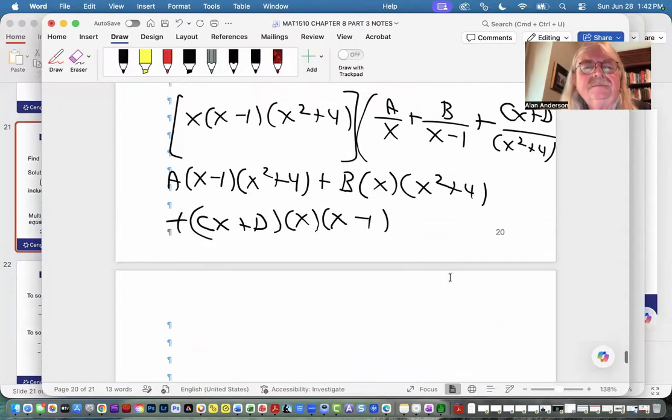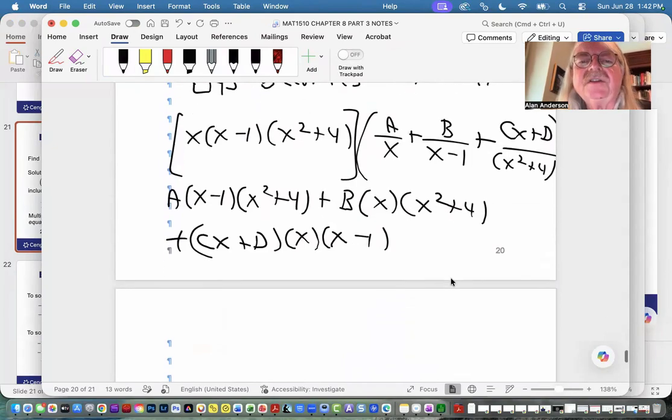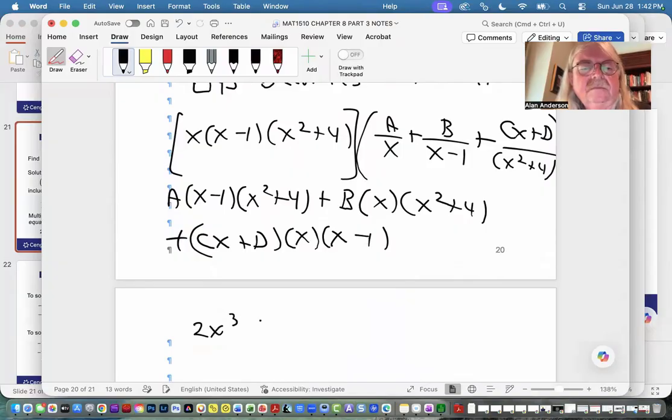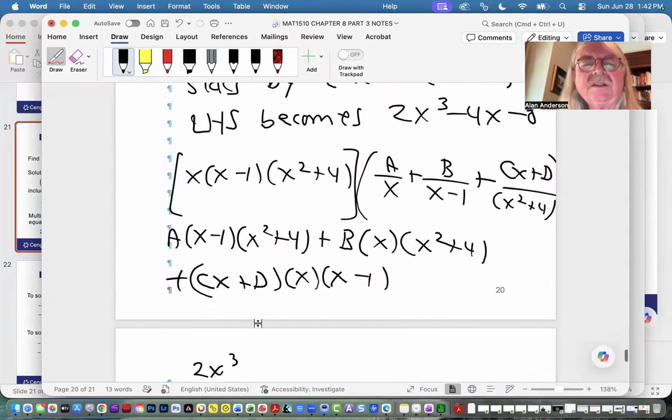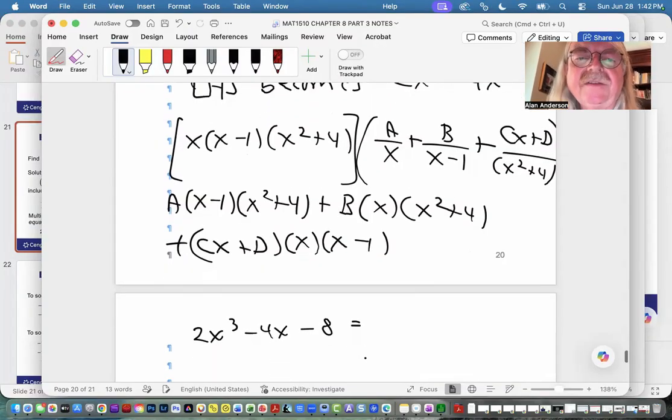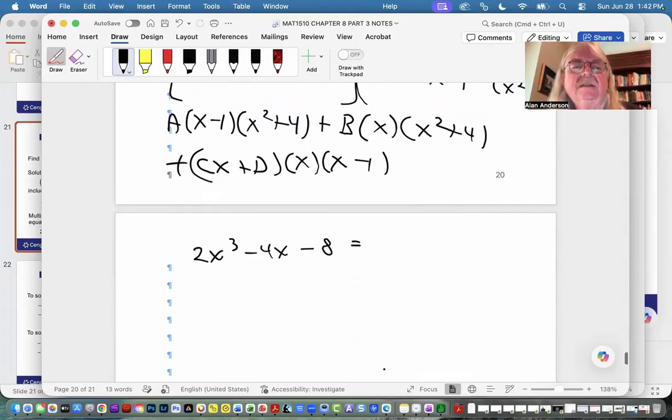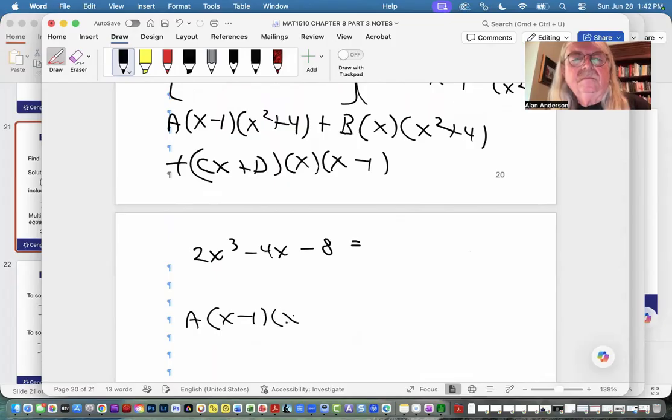All right. So again, the left-hand side is 2x cubed minus 4x minus 8. Now, here we're going to have to do a lot of multiplications. What happens when I multiply these two?